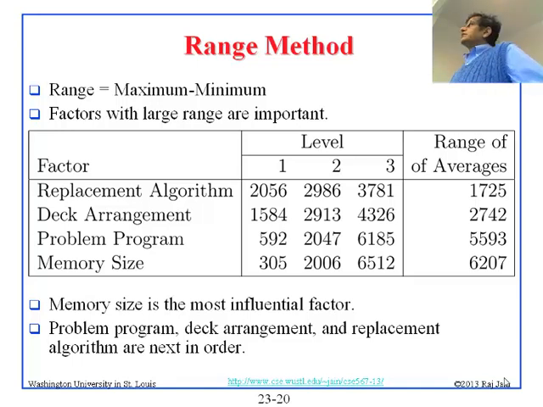Anything that has a lot more variation clearly has more effect. So we would say that memory has a lot of effect. Program has the next effect. Deck arrangement is the next effect, and the replacement algorithm has the smallest effect by this data.